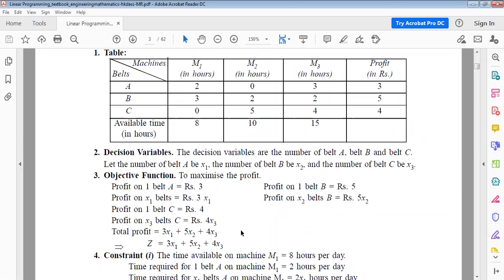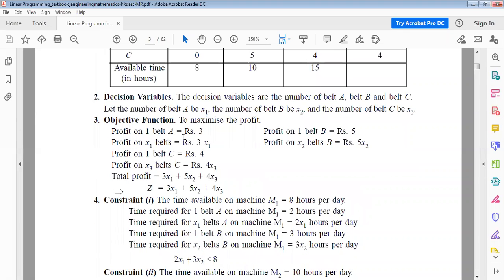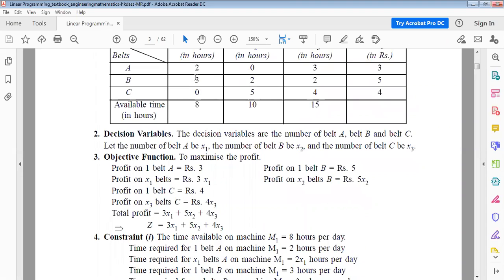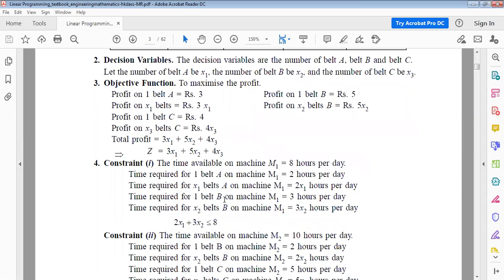And this is called the objective function. Remember it. Now we form the first constraint for machine M1, the second constraint for machine M2, and the third constraint for machine M3. The time available in machine M1 is a total of 8 hours. The time required for belt A in machine M1 is 2 hours, for belt B 3 hours, and for belt C 0 hours.